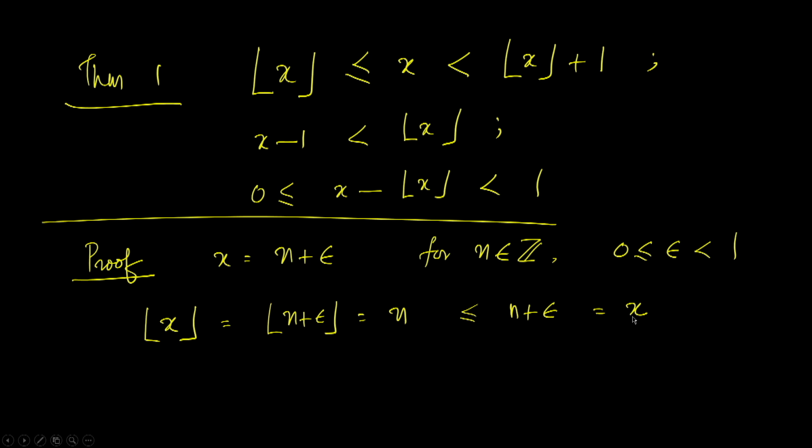So, we have that floor of x is less than or equal to x, but x is n plus epsilon, which is less than n plus 1, because epsilon is less than 1. As we have seen, n is floor of x, so this is floor of x plus 1. Which proves the first line here.